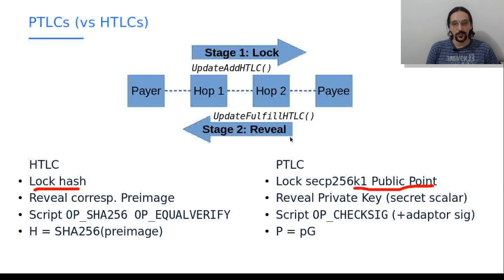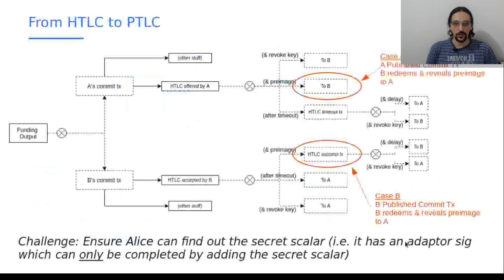And during the redemption stage of the payment, instead of revealing the pre-image to some hash, we reveal the secret scalar, or the private key to some public point, by way of using adapter signatures. This is a very interesting development that is being talked about, designed and worked on in the Lightning Network.